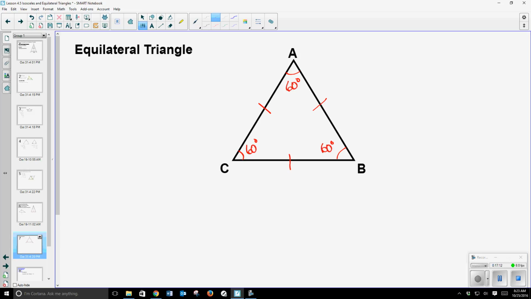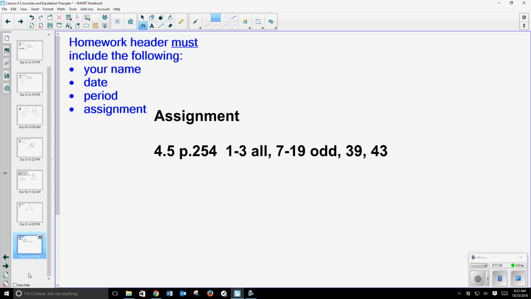And where the legs meet the base, that would be your base angles. And the other angle on top between the two legs would be your vertex angle. So you have vertex angle, legs, base, base angles. Base angles are congruent if the legs are congruent. Legs are congruent if the base angles are congruent. And there's your assignment.